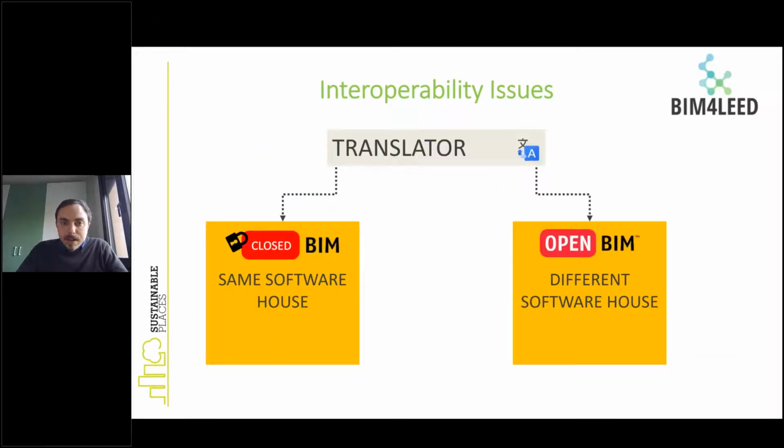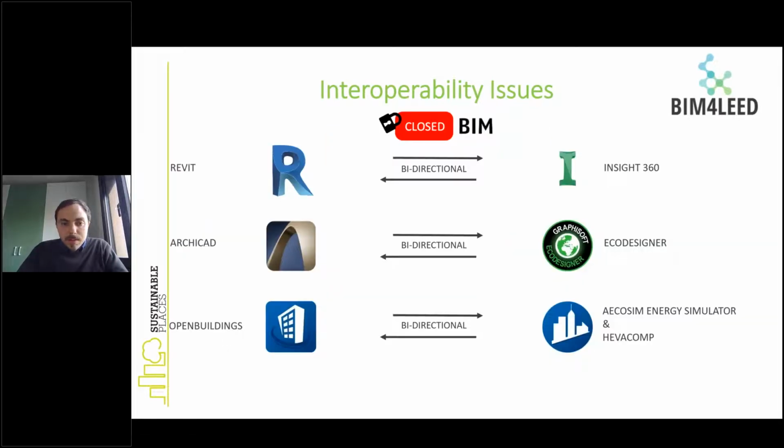So there are interoperability issues, and we can choose two different ways, like closed BIM and open BIM. Closed BIM is with the specific software that different software houses have developed for LEED or energy LEED credit calculation, or more in general energy calculation.